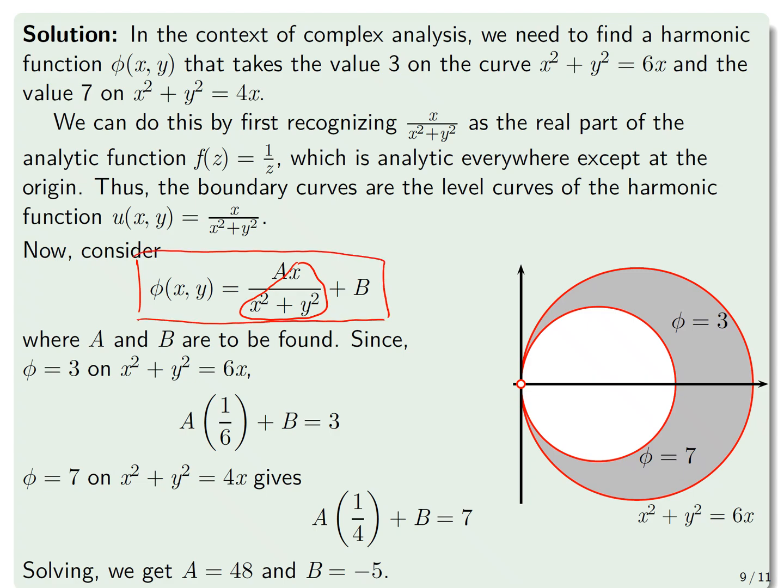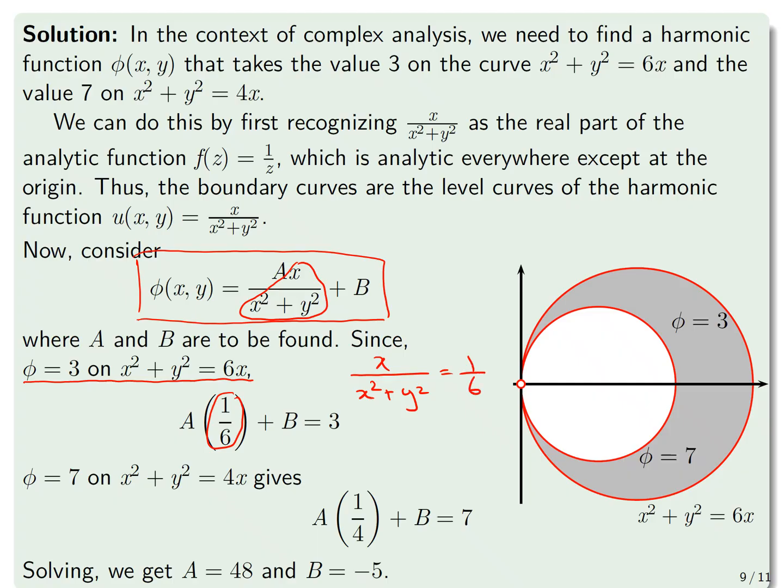Consider a general situation, and using the two given pieces of information, we try to find a and b. We know that phi equals 3 on this circle, and the circle you can write as x over x squared plus y squared equals 1 over 6 if you divide. So we do that algebra. This is 1 over 6.